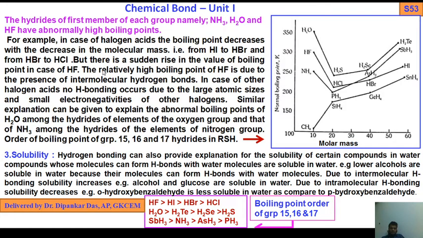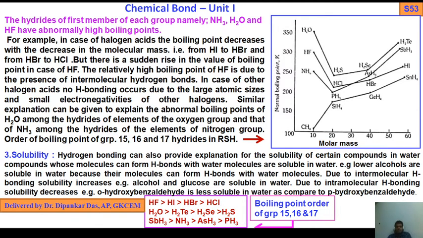Why? Because it can form intermolecular hydrogen bonds. In the case of other halogen acids, no hydrogen bonding occurs due to the large atomic size and small electronegativities of other halogens. Similar explanation can be given to explain the abnormal boiling points of water among the hydrides of elements of the oxygen group and that of ammonia.